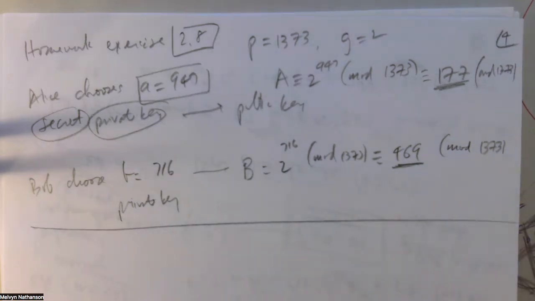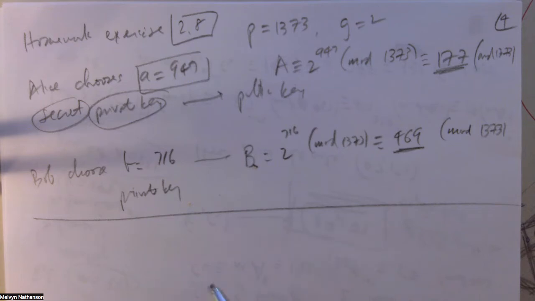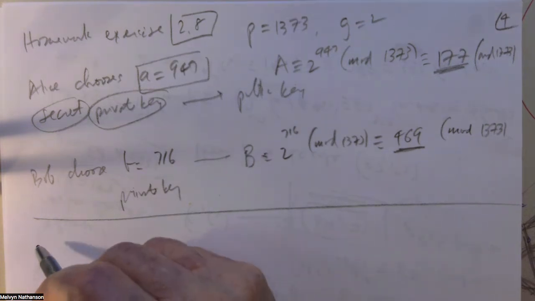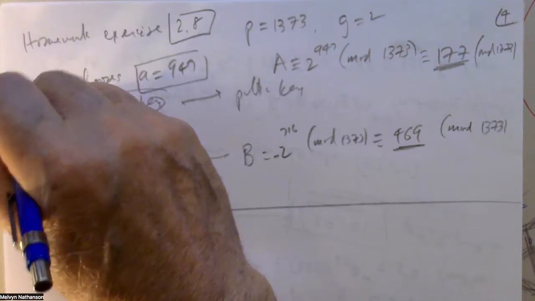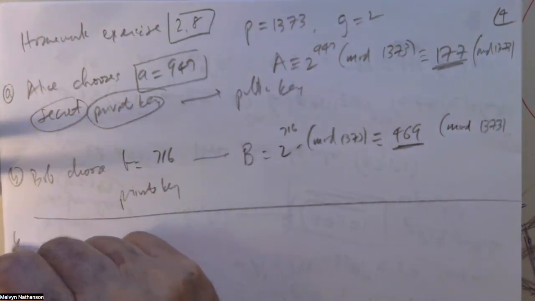Using Diffie-Hellman, they could now exchange a key using capital A and B. But instead, what we want to do is send a message, and Alice wants to send the message 583. So this is part B of the problem, a continuation of part B.